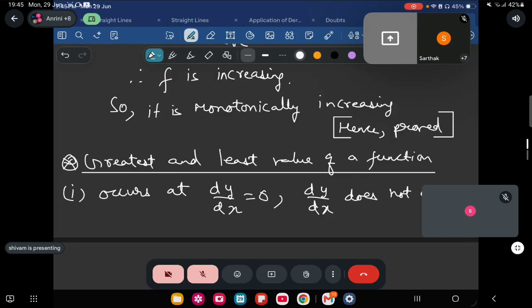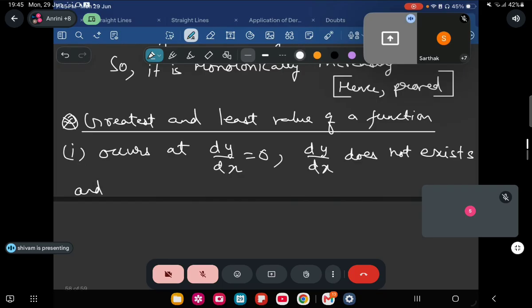And end points of the interval. Sometimes at end points of the interval.